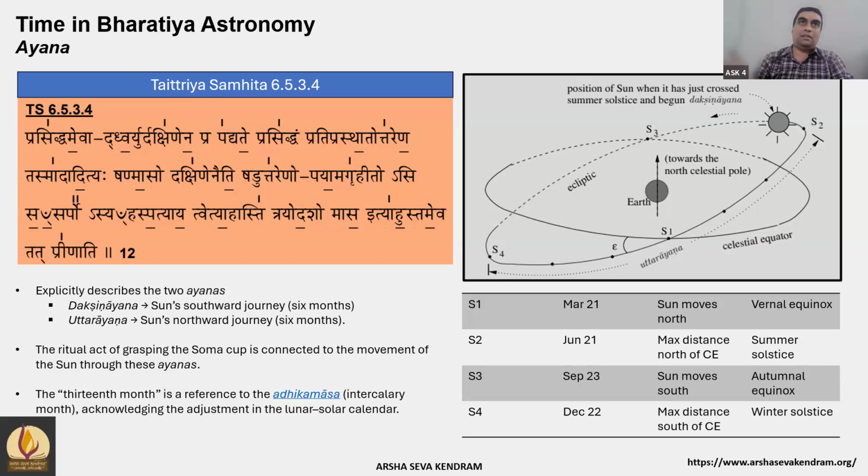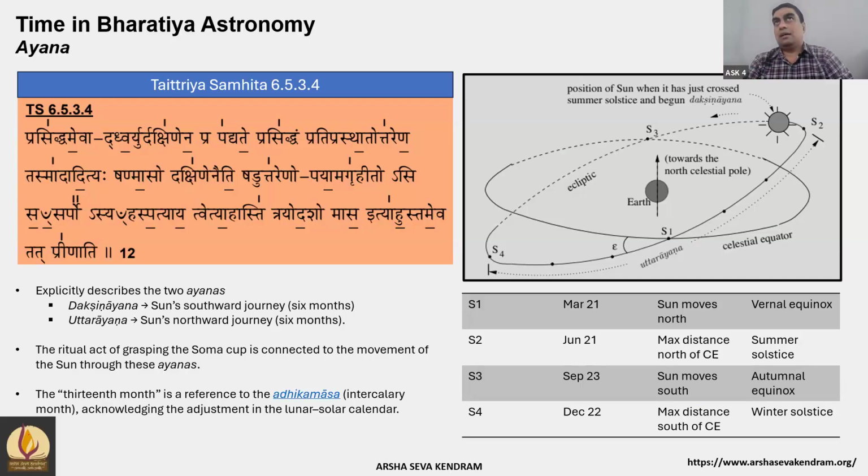That's because of the tilt of the Earth. So the point is, Uttarayana is from the winter solstice to the summer solstice, when the days progressively get longer, and the Dakshinayana is the exact opposite.